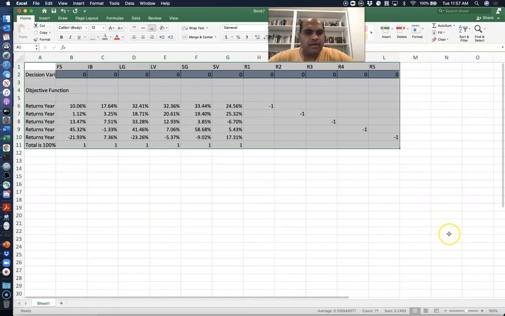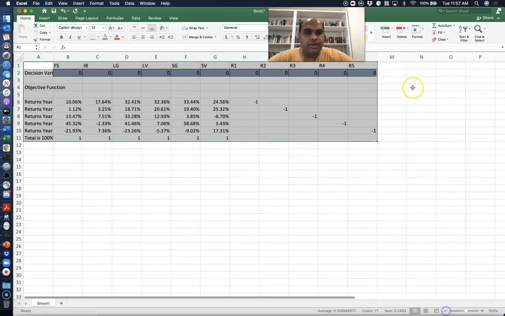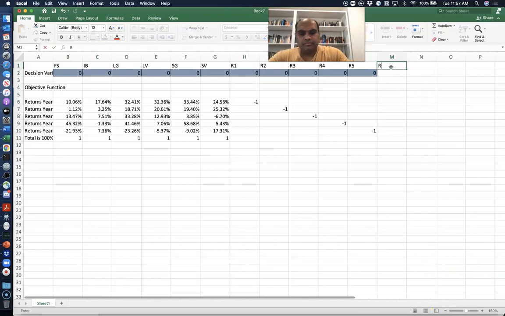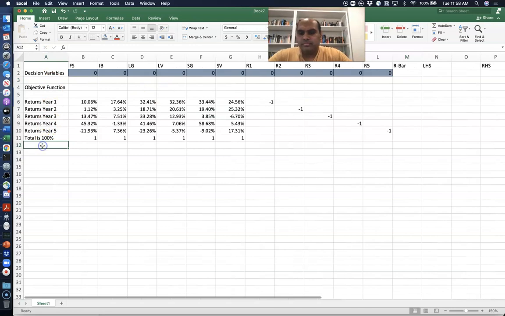Apart from this, we also have R bar. I'm just going to say R bar right here, and then the left hand side and the right hand side values. We have an R bar constraint to add.